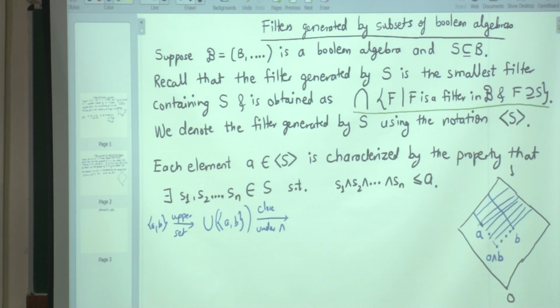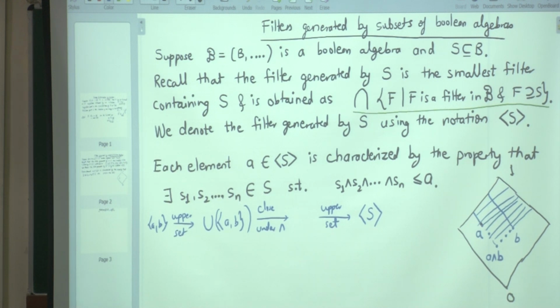So you obtain some in between steps and then take upper set. Then again after taking upper set, should we say close under meets? No, it's already closed under meets, right? So this is the point where we stop, and this is what we call the filter generated by S.